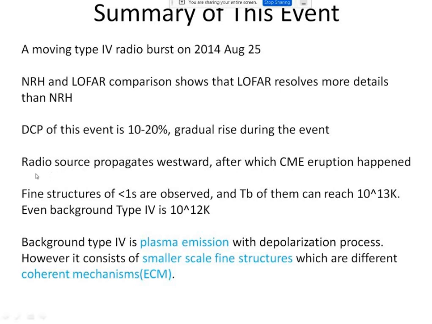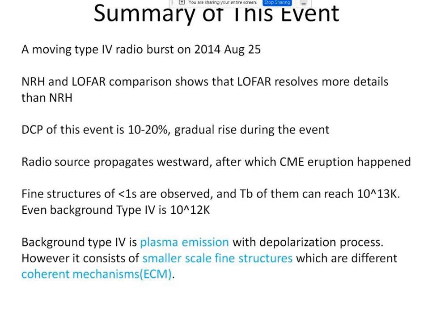The radio source of the type 4 radio burst propagates westward, after which there is a CME eruption. Fine structures of less than 1 second are observed, and the TB of them can reach 10 to the 13th Kelvin. Even the background type 4 is 10 to the 12th Kelvin.